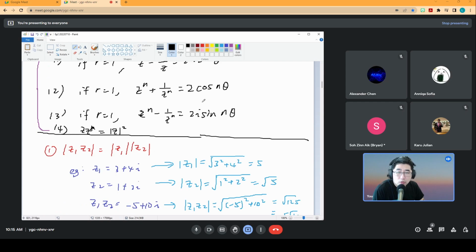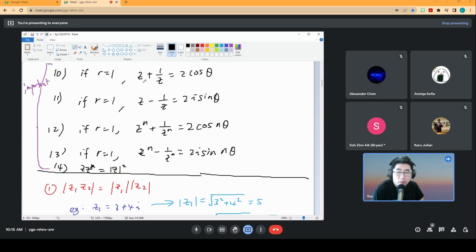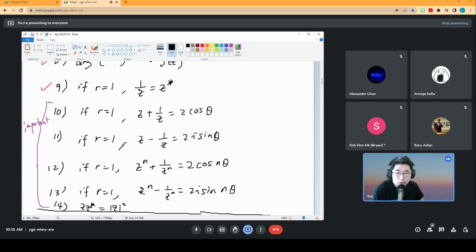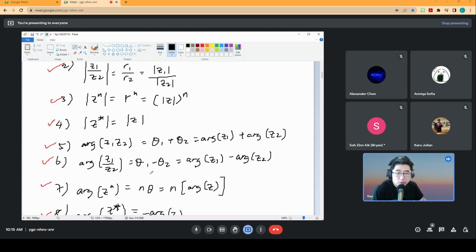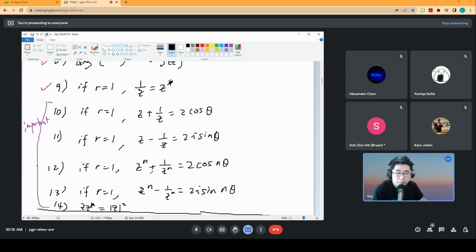When r equals 1, z plus 1 over z equals 2 cos theta. z minus 1 over z equals 2i sin theta. z to the n plus 1 over z to the n equals 2 cos n theta. z to the n minus 1 over z to the n equals 2i sin n theta. And 14, we have z times z conjugate equals modulus z squared. These are the complex algebra formulas that you are expected to remember.